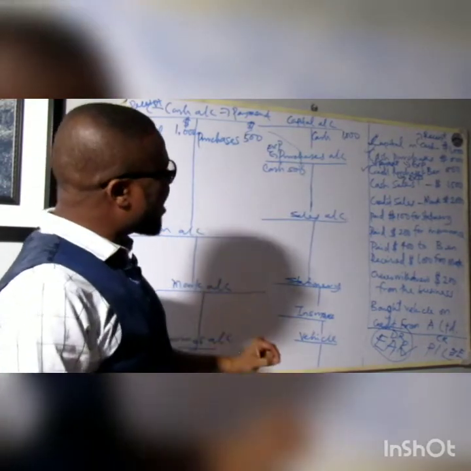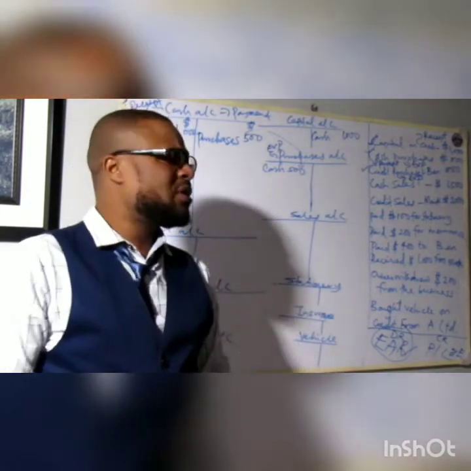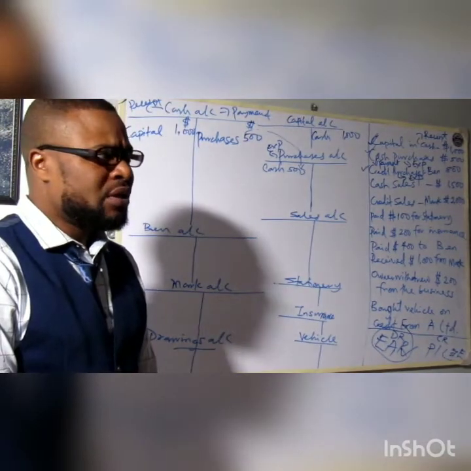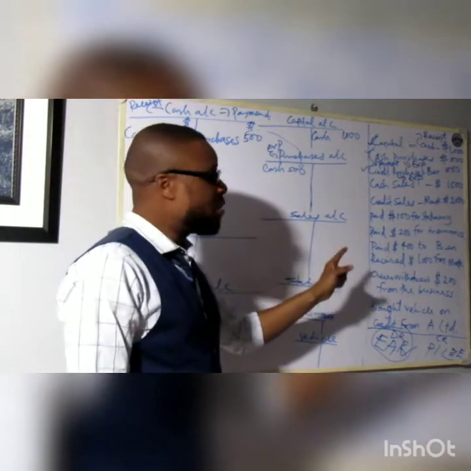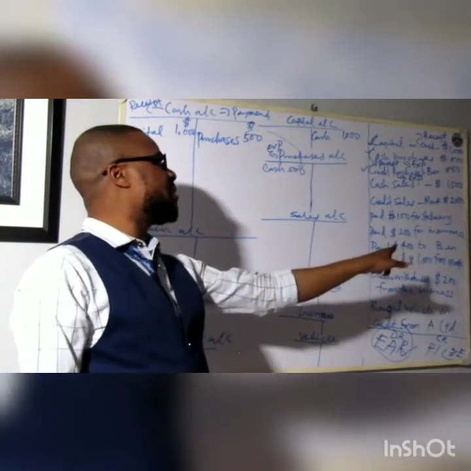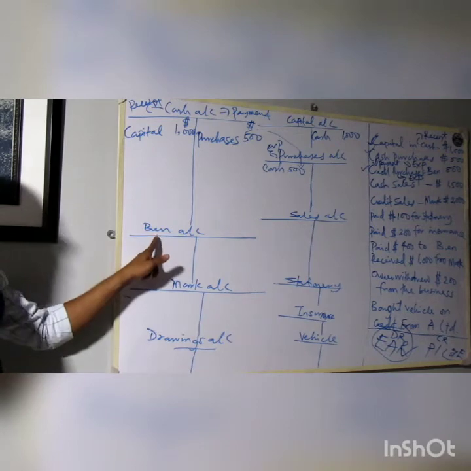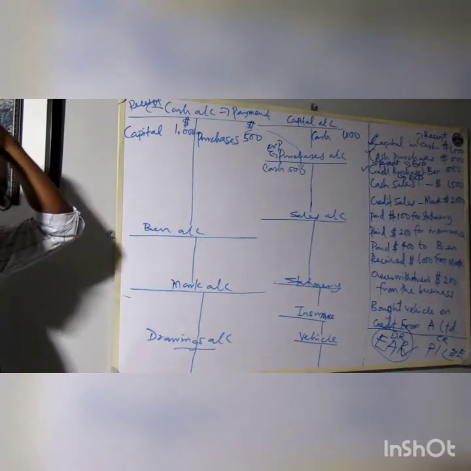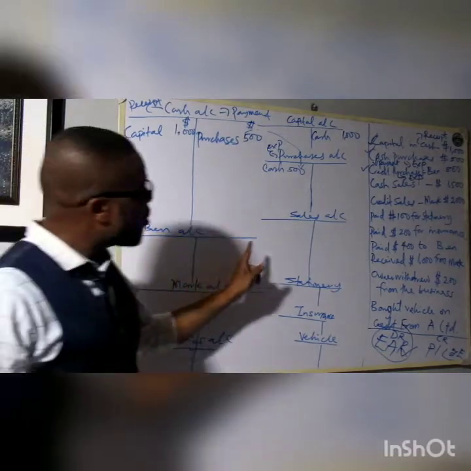And now the business has created a liability for itself. Very simple. We made a purchase, which is an expense, and at the same time, we are now owing Ben a sum of money. So what you do is that you have to keep the record of an account of Ben so that you can tell at the end of the month or year how much we are owing Ben. So you create Ben account and also what?